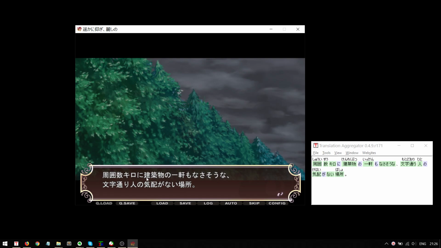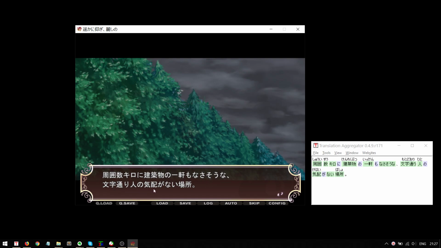So it's saying not even a single building of human construction, or just of human make. もうなさそう. It's not literally saying there isn't a building in sight in a few kilometers, but it sure feels like that. It feels like there's nothing in sight.